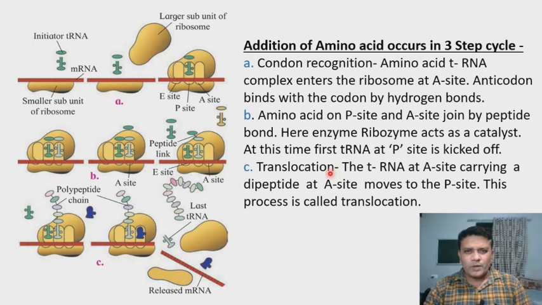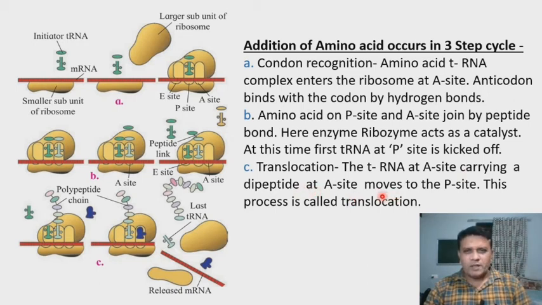Now translocation means both these two ribosome units simultaneously move along the messenger RNA from the 5' end to 3' end, adding each amino acid at a time. So in translocation, the tRNA at the A site carrying a dipeptide moves to the P site.